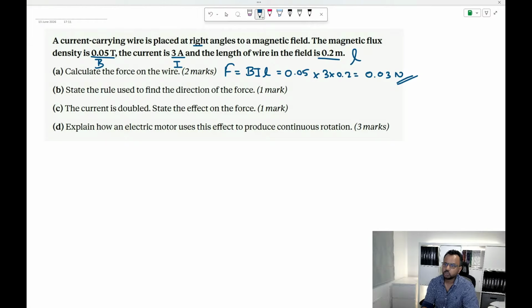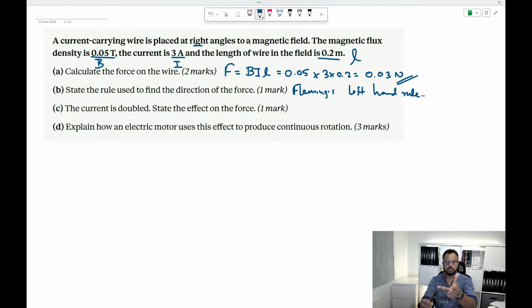State the rule used to find the direction of the force. That is Fleming's left-hand rule. Because it's one mark and it's just to state the rule, that's okay. So Fleming's left-hand rule is basically FBI. Force, F. B is the symbol for magnetic field.